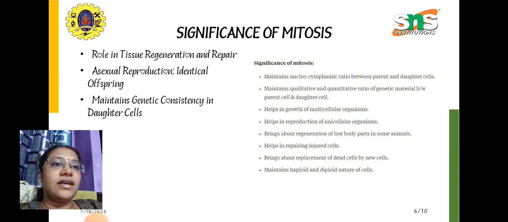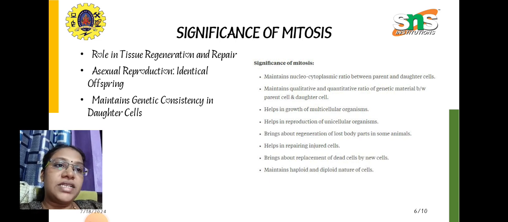It also helps in the growth of multicellular organisms, and in the reproduction of unicellular organisms. It helps in repairing injured cells, and it brings about a replacement of dead cells by introducing new cells.